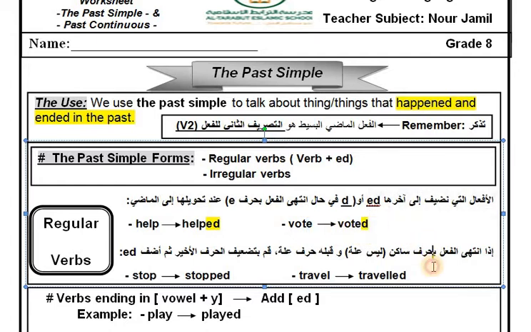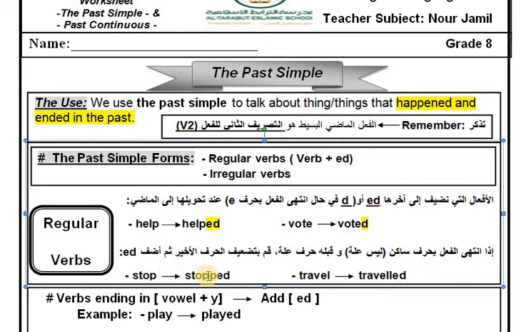Okay. Look here. إذا انتهى الفعل بحرف ساكن يعني ليس علة يعني consonant وليس vowel وقبله حرف vowel اللي هو العلة قم بتضعيف الحرف الأخير ثم أضف ed. Look at these two verbs, stop and travel.